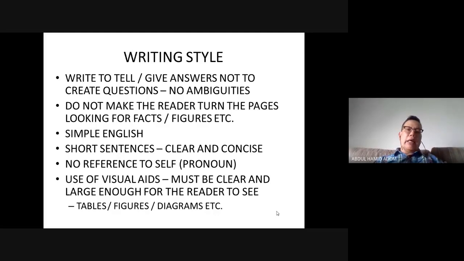Ambiguities is when you use terms that are relative. For example, you see very accurate, or very good, or very cheap, or cheap. What is very good, what is accurate, or what's cheap is relative.